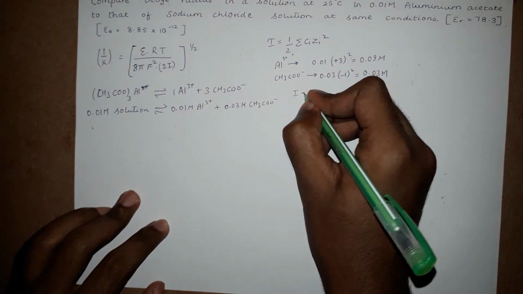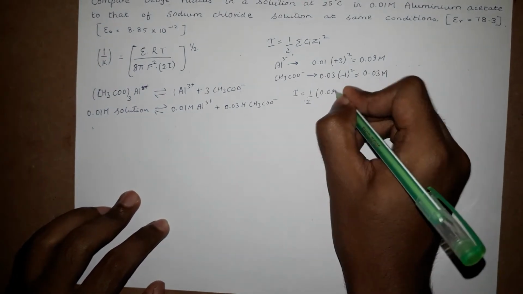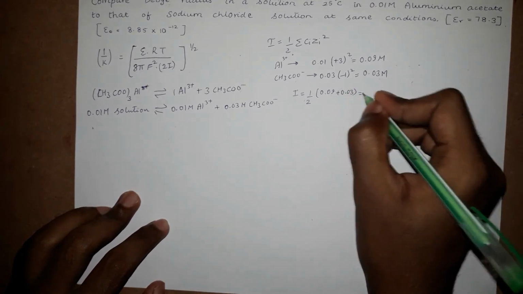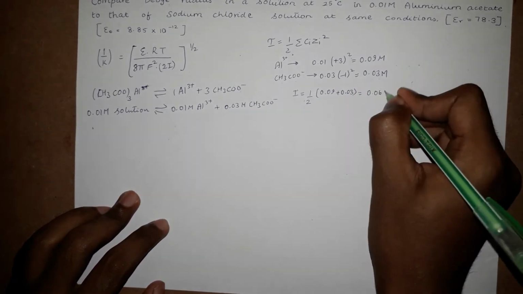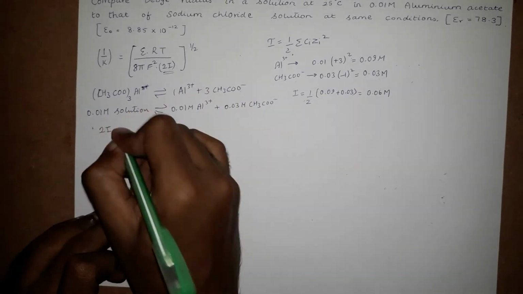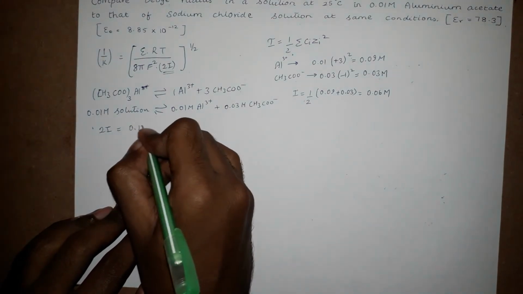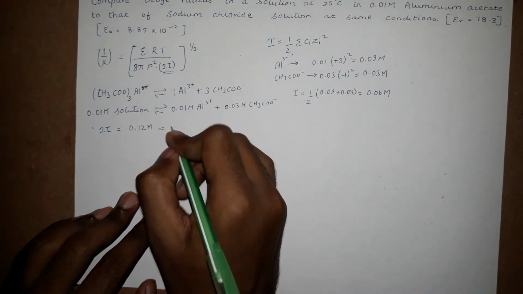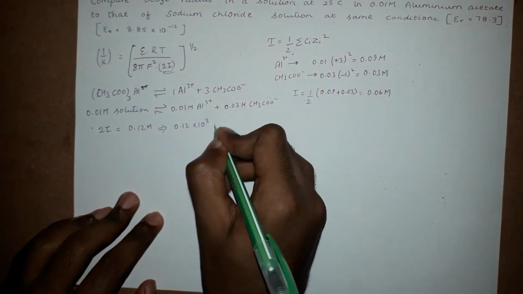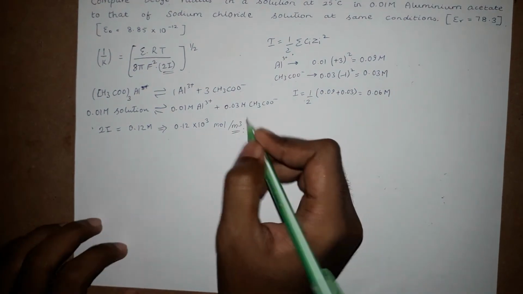Therefore, I is equal to 1 over 2 times 0.09 plus 0.03, that is 0.12 by 2, 0.06 molar. Here 2I is needed, so 2I is equal to 0.12 molar, or we can write it as 0.12 into 10 power 3 mole per meter cube, standard SI units.